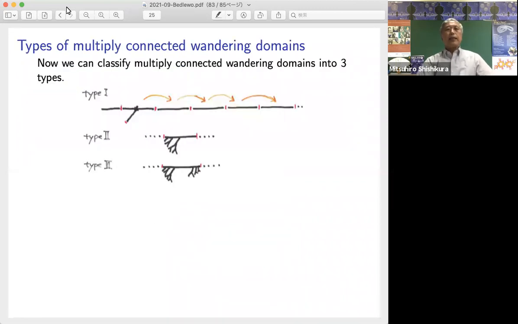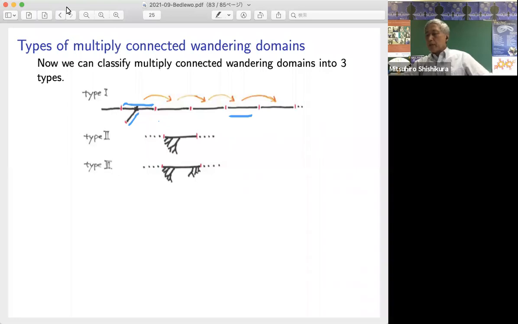Once you know that these trees can be defined, you can classify the possibilities of multiply connected wandering domains. One possibility is that it is eventually doubly connected, and somewhere in the lower part you can have a finite connectivity if you like. The other possibility is infinite connectivity, but there are two possible types.